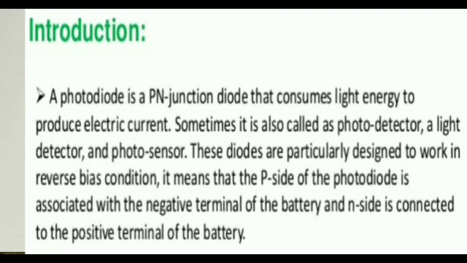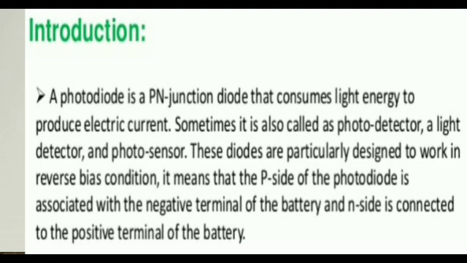Now see this. A photodiode is a PN junction diode that consumes light energy to produce electrical current.